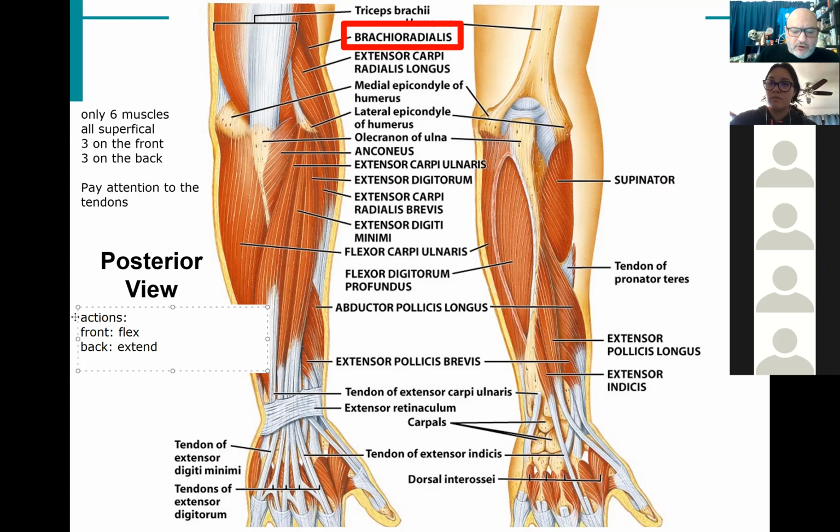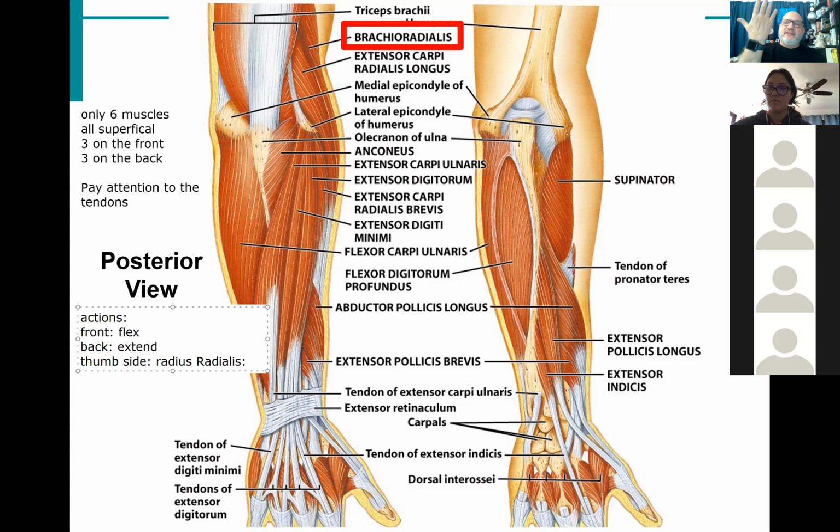Some muscles are going to be on the thumb side. What bone is on the thumb side of the forearm? Radius, excellent. Radius is rad, absolutely. And a muscle that is on the thumb side, because it's on the radius side, is going to be called a radialis.